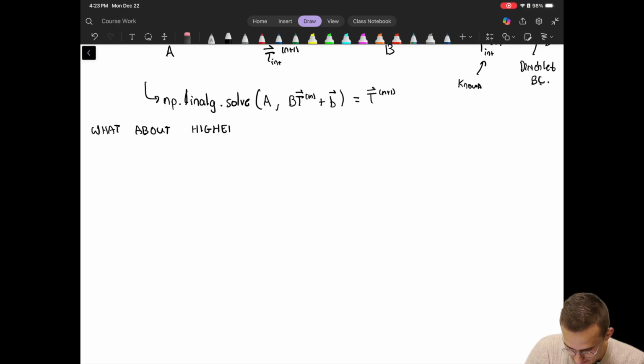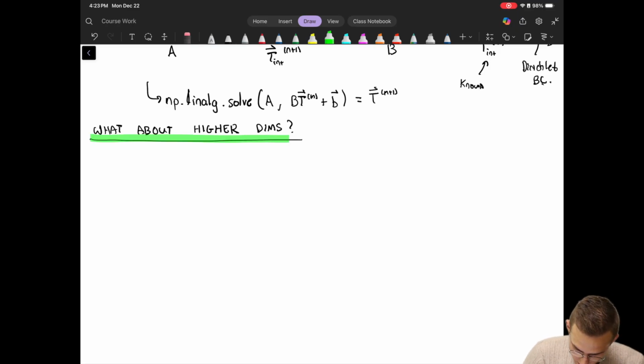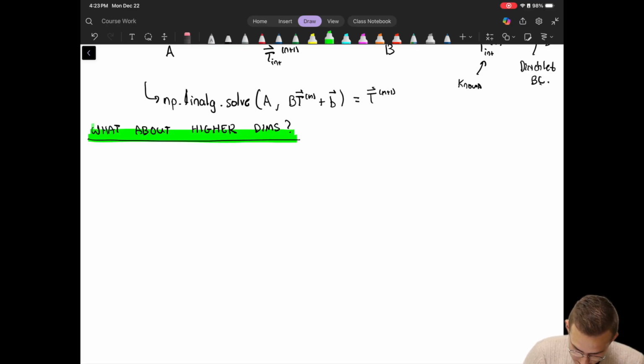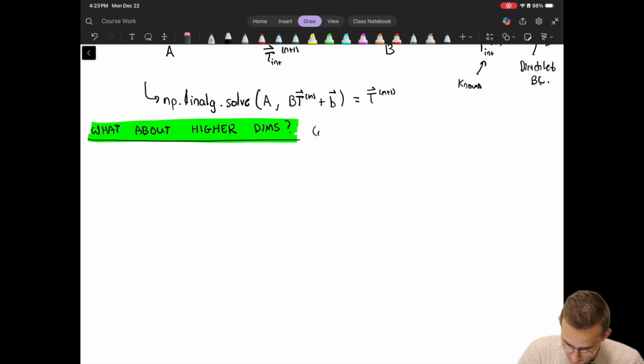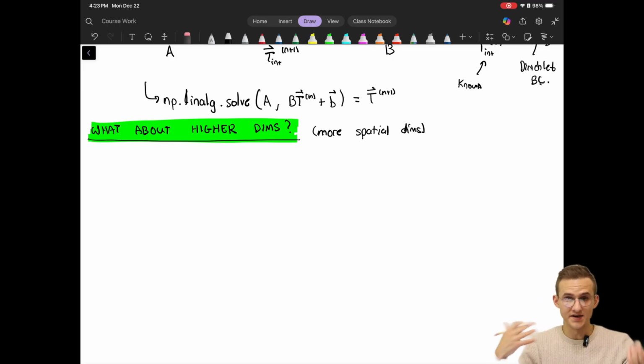Here we had one time dimension and one space dimension, for these parabolic equations. So the question becomes, what if you have more spatial dimensions? By higher dimensions, I mean more spatial dimensions. So we still have just that one single time-like coordinate, but we might have x and y.